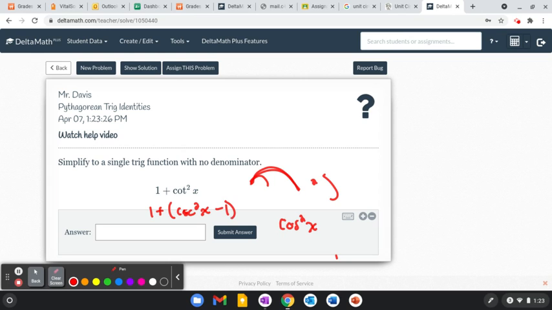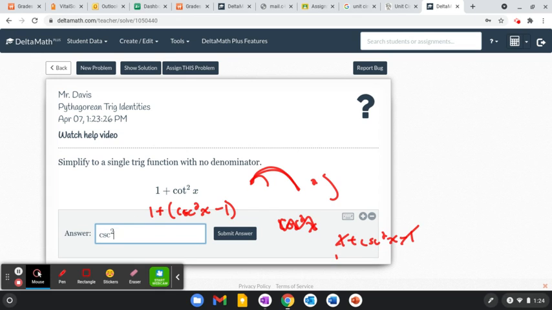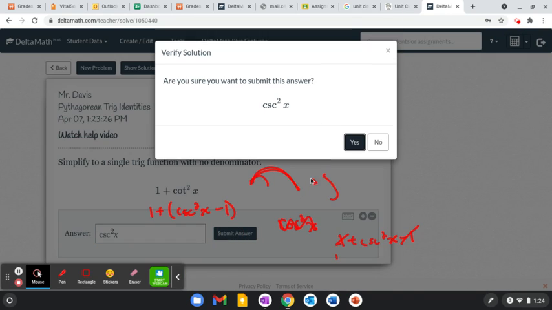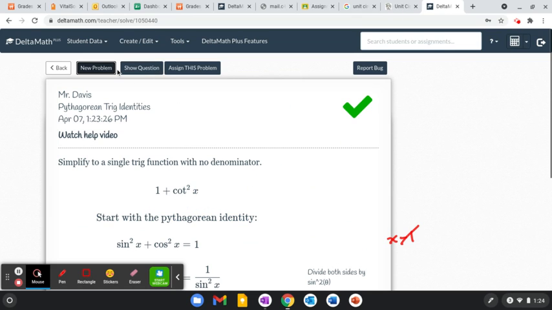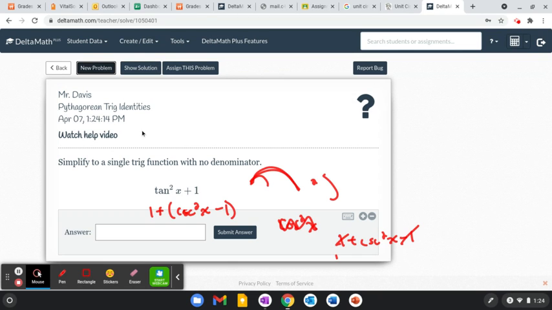And you'll see here, if you distribute that through, it just becomes 1 plus cosecant squared x minus 1. And they cancel, and we're left with just cosecant squared x. So that is what we'll type in. Hopefully these are starting to click for you. They might seem weird, but again, it's just plugging things in.